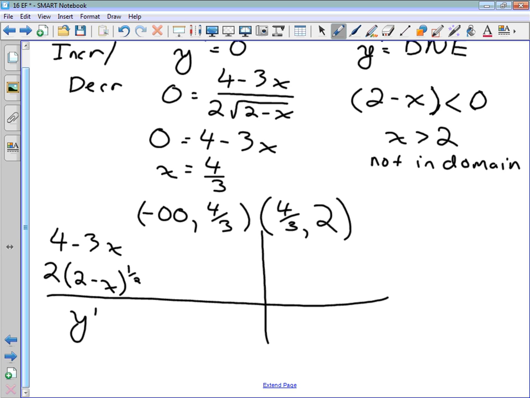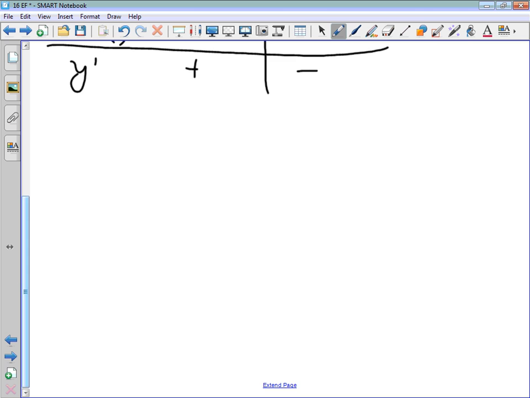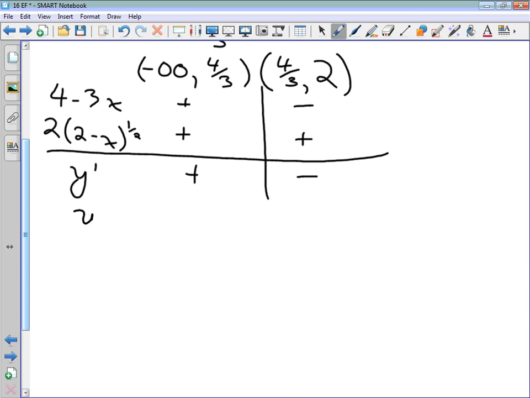Okay. 4 minus 3x is going to go from positive to negative. 2 times the square root of 2 minus x is going to be positive no matter what we do, because anytime we're taking a square root, we're going to end up with a positive answer. So this thing goes from positive to negative. So our function goes from increasing to decreasing.